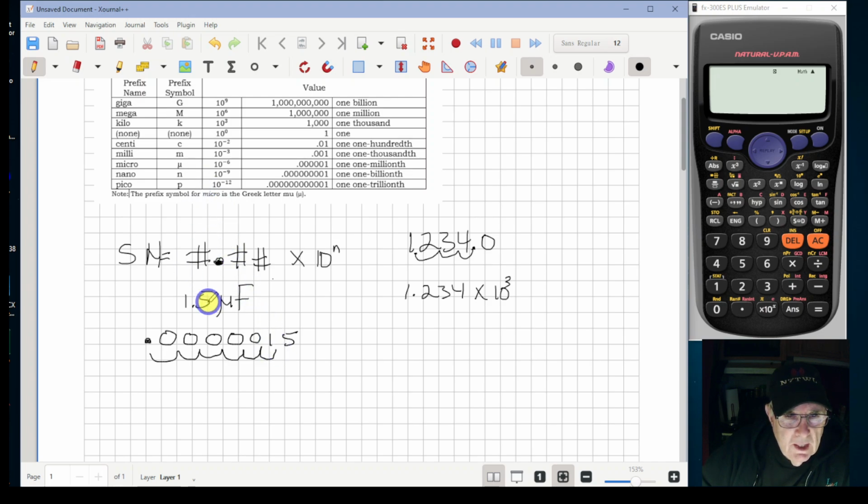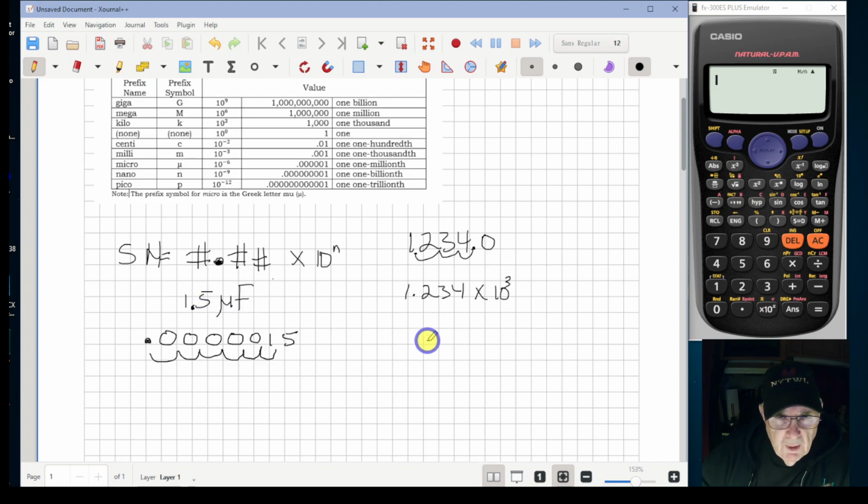And the minus indicates that we're going off to the right of the decimal point. So writing this as a decimal number, it has all those places in front. When the exponent is positive, it tells us the number of zeros after the significant digit. Here it tells us the number of places behind the decimal point before we get to the significant digit, because remember, we need one number in front of this. That's why it was written as 1.5 microfarads.